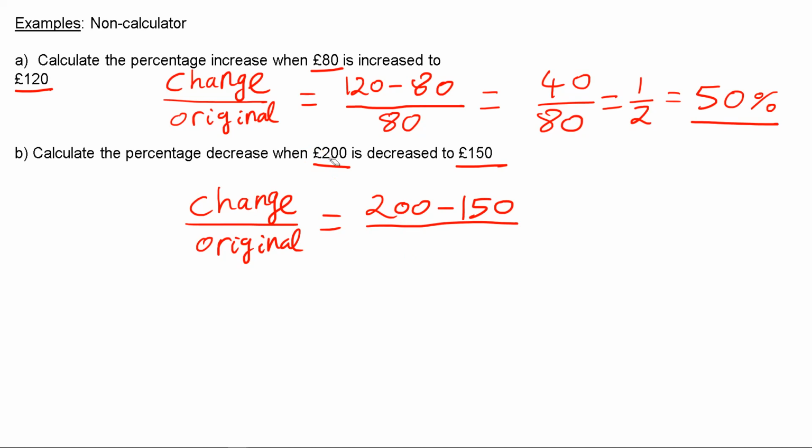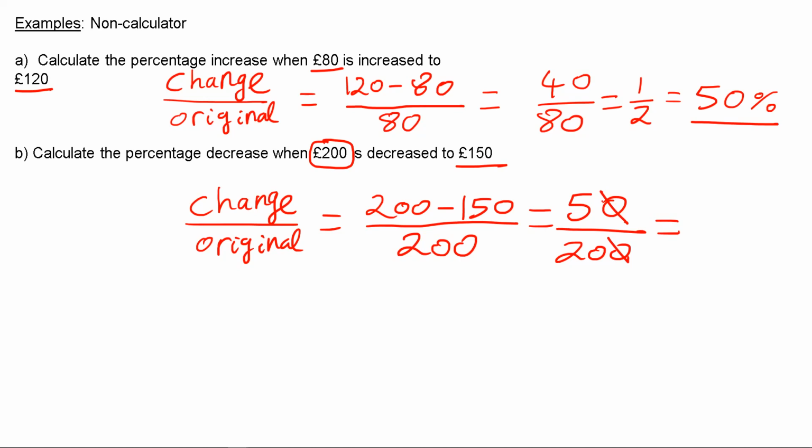Well, the original amount this time was £200 because it's being decreased to 150. 200 take away 150 is 50. This is out of 200. We can cancel these zeros on the end, so we have 5 over 20, which will simplify to 1 over 4, which is 25%. So we can say here the percentage decrease was 25%.